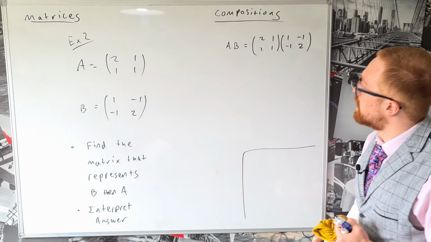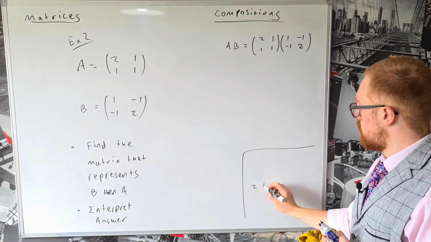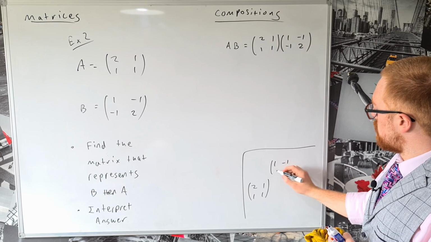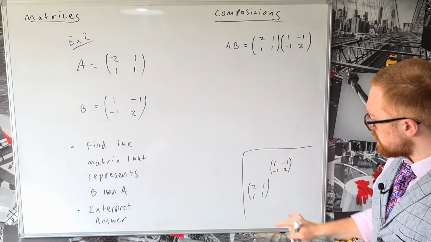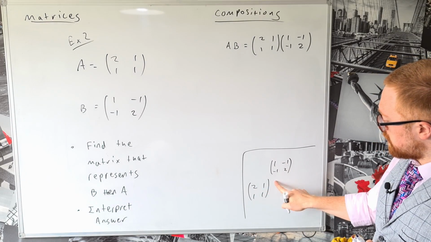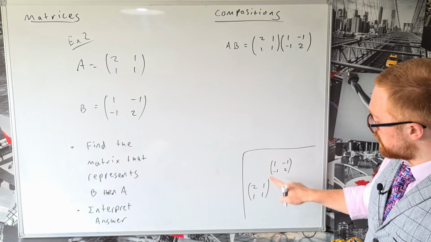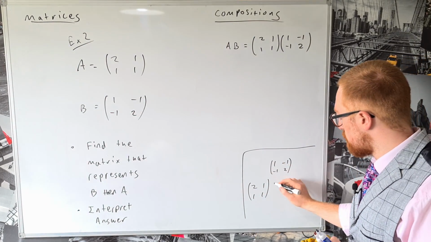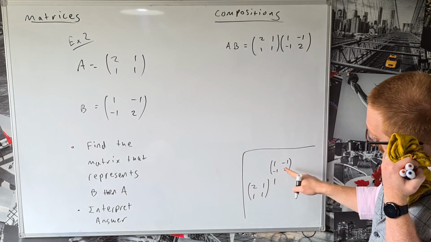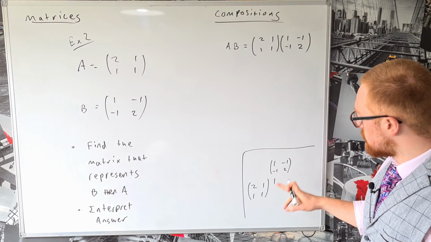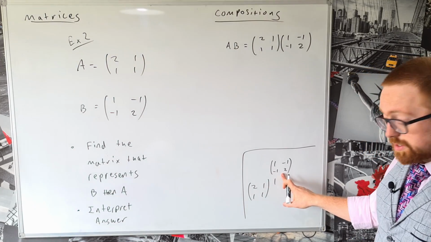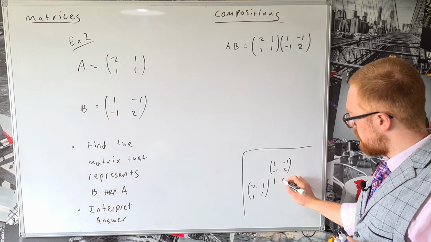Let's do some working out space down here. So 2, 1, 1, 1, and then 1, minus 1, minus 1, 2. Okay, so top left one then, 2 times 1 is 2, 1 times minus 1 is minus 1, 2 minus 1 is 1. 2 times negative 1 is negative 2, and then 1 times 2 is 2. Negative 2 plus 2 is 0.